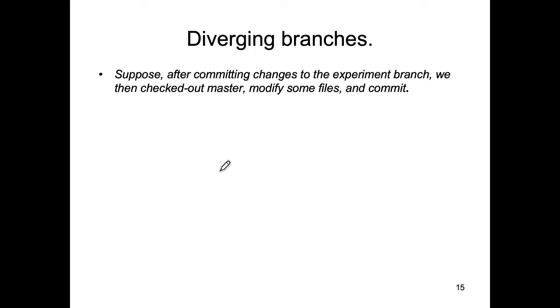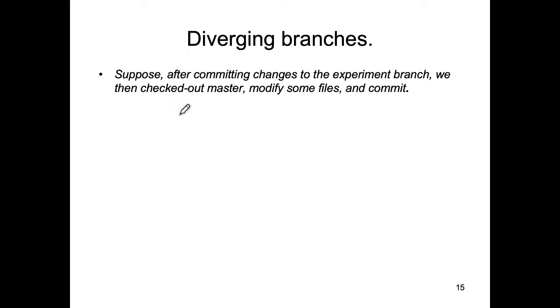What will happen quite commonly is you could have lots of branches and they're all diverging away from one another. They all have their own commits, but they're not merged together.